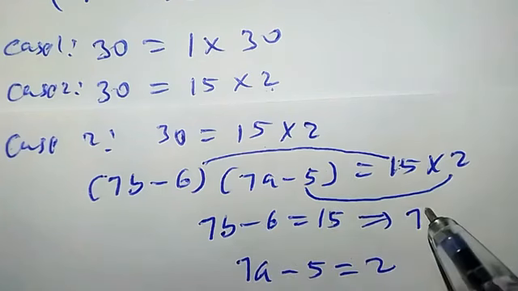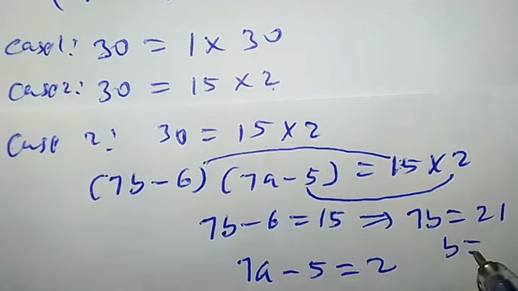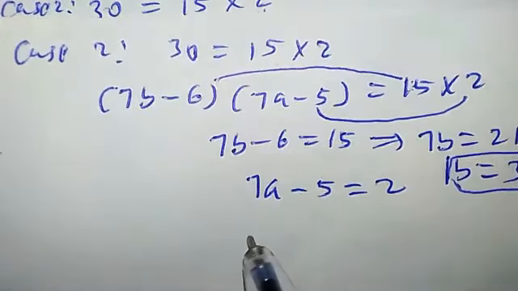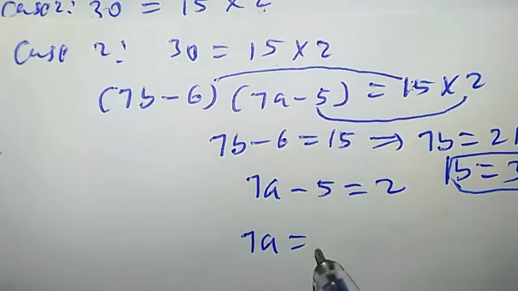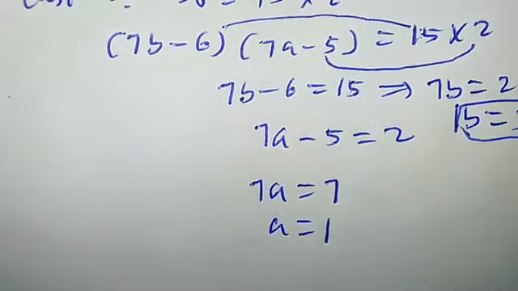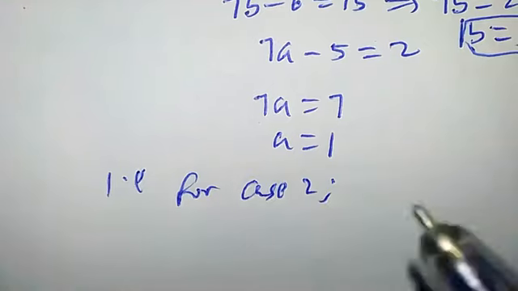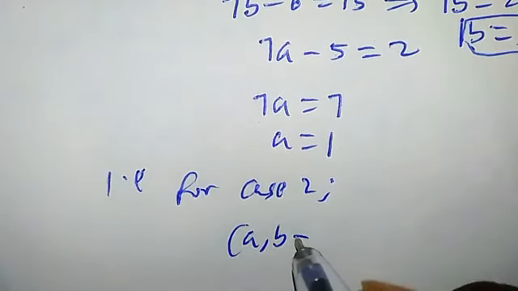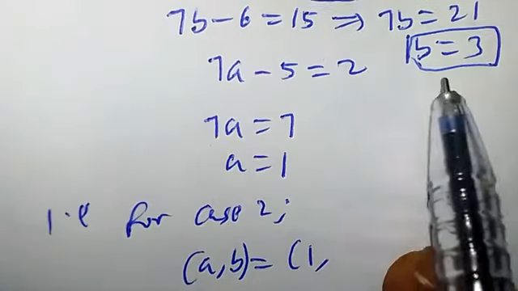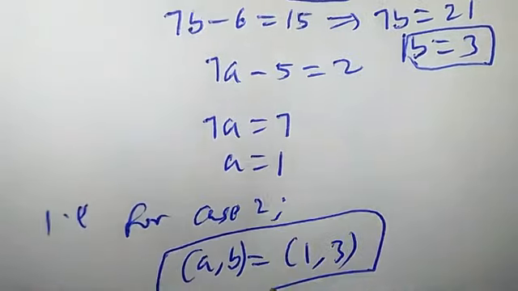From this, 7b equals 6 plus 15, that is 21. b equals 3 when you divide both sides by 7. For the second equation, 7a equals 5 plus 2, that is 7. Divide both sides by 7, a equals 1. So for case 2, a comma b is a is 1 and b is 3. So this is the second solution.